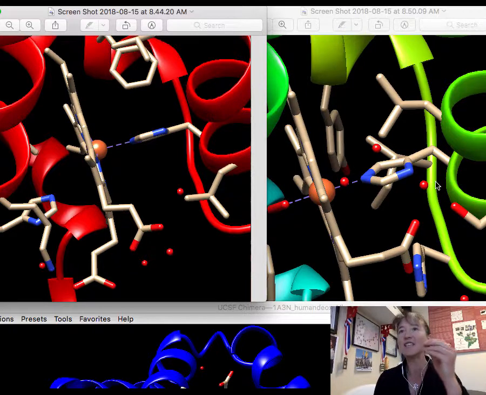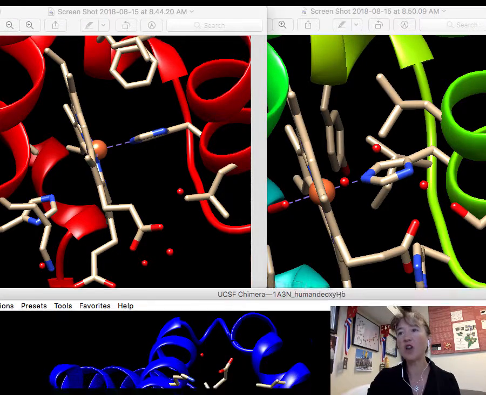Whoa, so we're actually seeing a conformational shift within the alpha helix to which that proximal histidine is bound. Now, we know that that's going to be like a domino effect throughout the entire rest of the hemoglobin molecule, and it's going to cause changes at the interfaces between the alpha and the beta subunits.